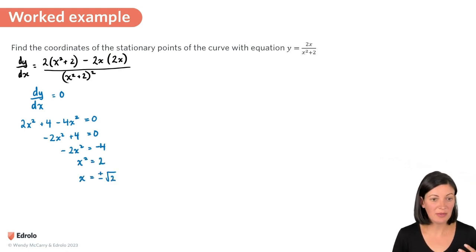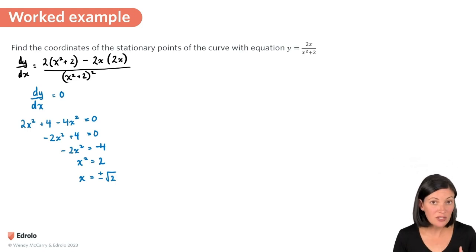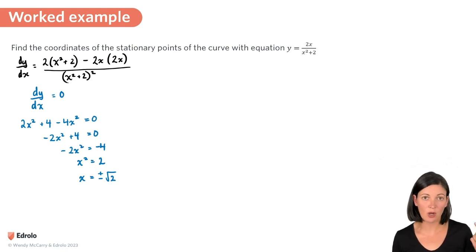Okay, so what I end up with here is x is equal to either the positive or negative of root 2. So just be careful there that when you're taking the square root of a number to solve for x, you consider both the positive and the negative square root. So that means that I've got two stationary points, one when x is equal to root 2 and one when x is equal to negative root 2.